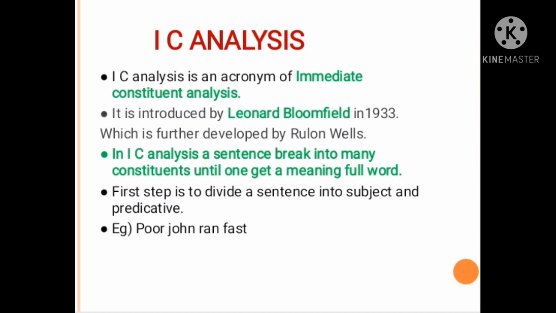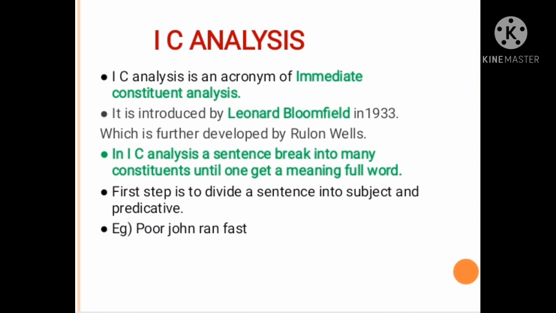In IC analysis, a sentence is divided into many constituents until a meaningful word is obtained. The first step in IC analysis is to divide the subject and predicate of a sentence. For example, consider the sentence, Poor John ran fast.